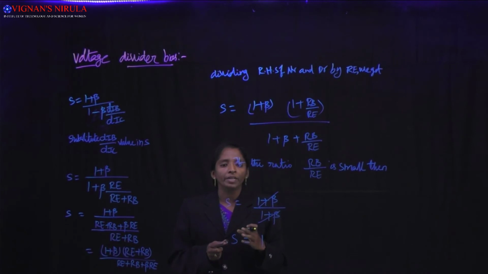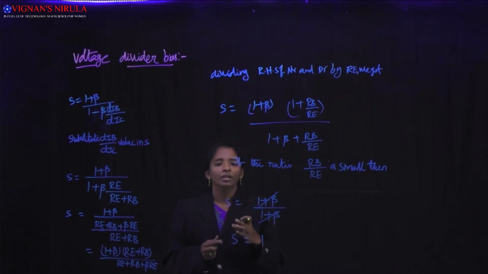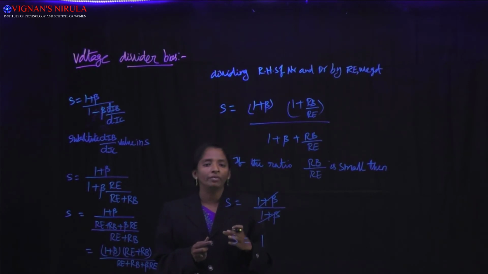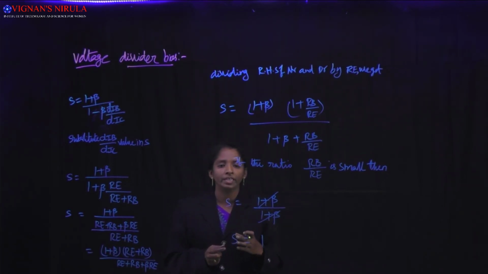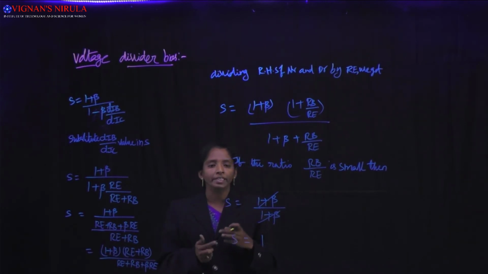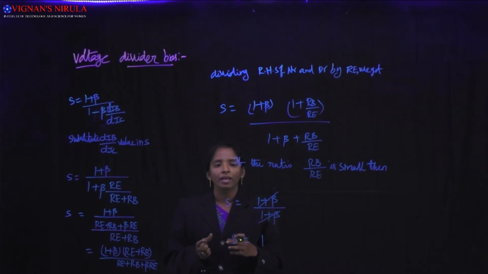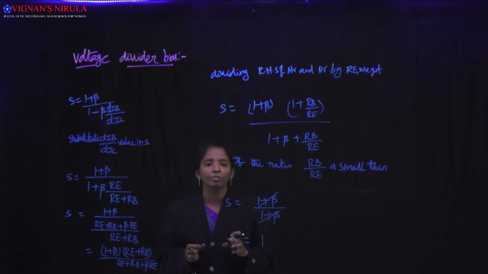Negative feedback means it decreases the gain of the amplifier. In positive feedback the gain of the amplifier is increasing, but in negative feedback the gain is decreasing. So that is the drawback of this circuit. Otherwise the circuit is very suitable because we are getting a very small stability factor.